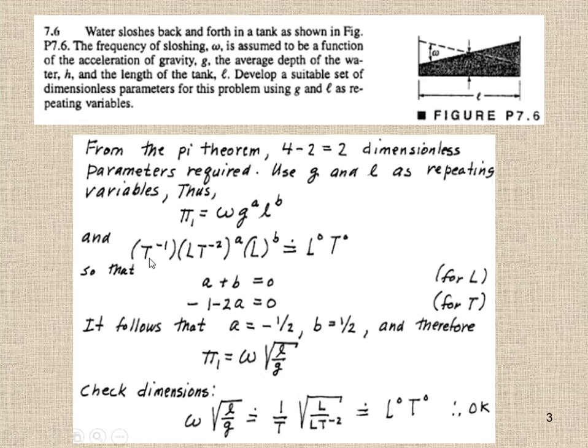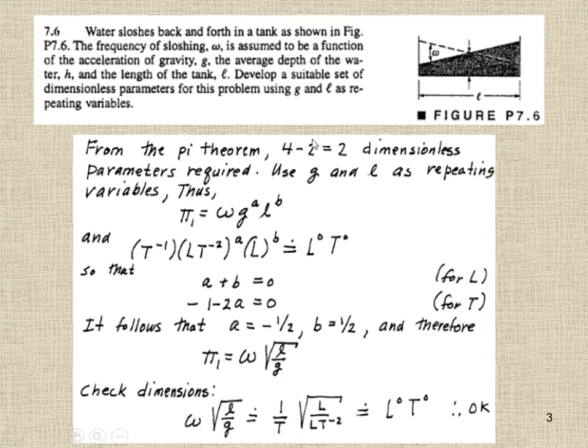The gravitational acceleration is L over T square, the length is L, and the height is also L. So we have 2 fundamental dimensions, length and time. That means the total number of basic fundamental dimensions, or reference dimensions, is 2.